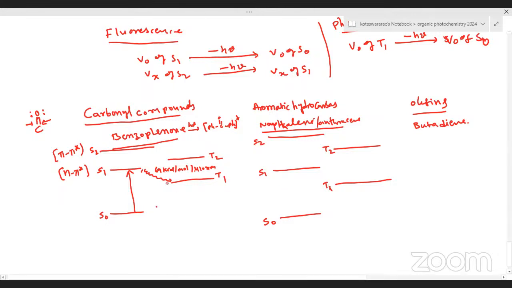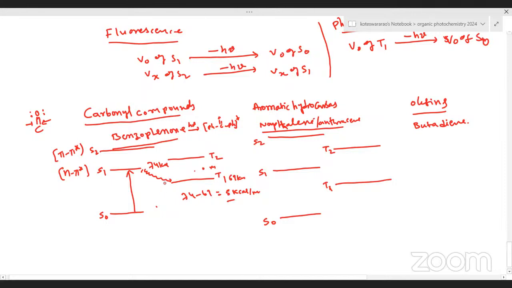Look at here, I made a mistake. Actually, the energy of this state is 74 kilocalories, and this is just 69 kilocalories. The difference, 74 minus 69, is just 5 kilocalories, which is a very negligible value.